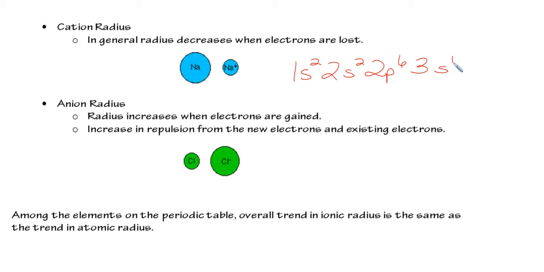Well, as you go from a sodium atom to a sodium ion, this kind of makes sense. You're going to lose this 3s1 electron. So now you've only got electrons occupying the first and second energy levels. So if I'm comparing the size of a sodium atom versus a sodium ion, the ion is smaller.